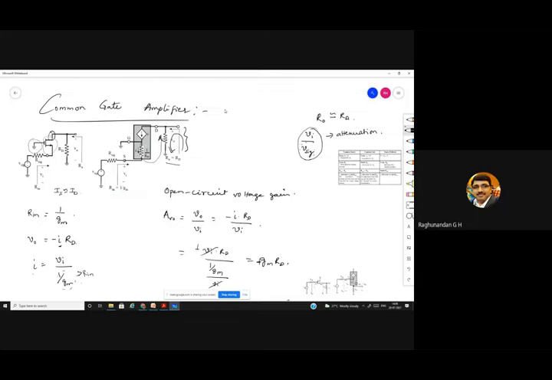Suppose we are expecting a gain of 10. That means a gain of 10 means the output is 10 times the input.